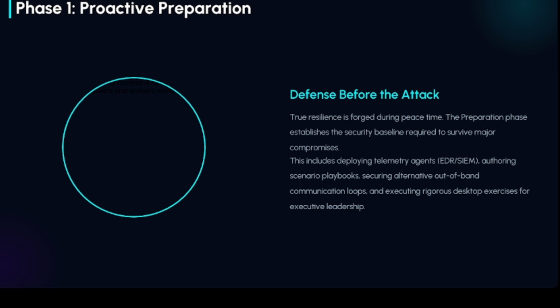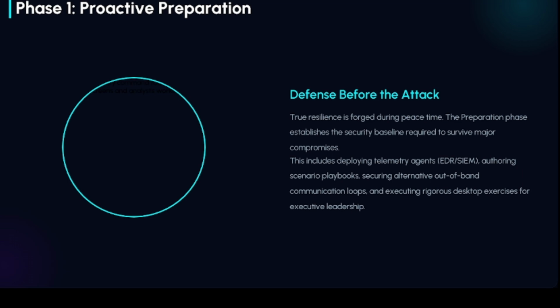Whether you're a small business with just one office, or a medium sized business with 5 to 10 offices, or a major corporation, you are a target of attack. And this preparation phase gives you that security baseline to help you respond and survive major compromises.